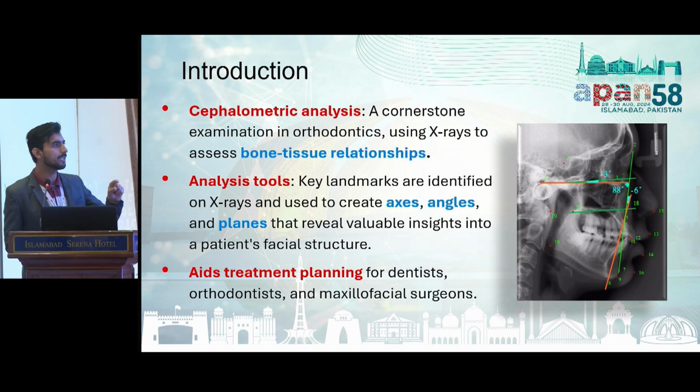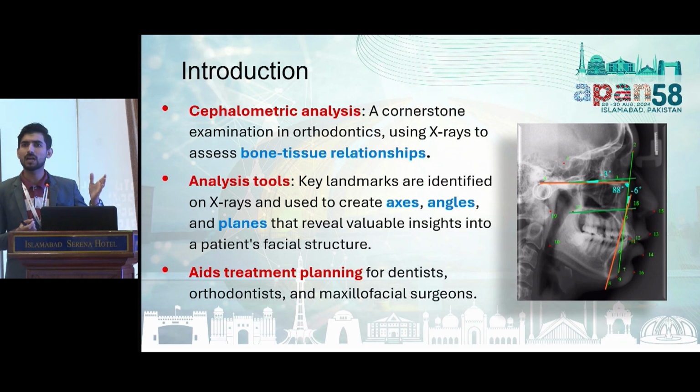If you can see on your right side, there is a cephalogram, a 2D X-ray image. On that cephalogram, they identify some key locations on various parts of the human jaw and skull, and these are referred to as anatomical landmarks, or specifically cephalometric landmarks.